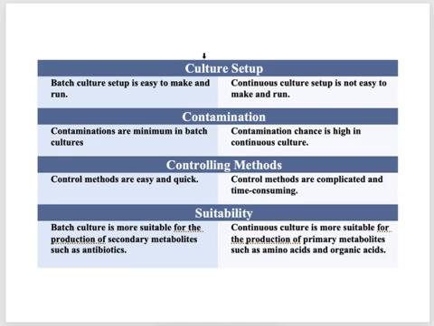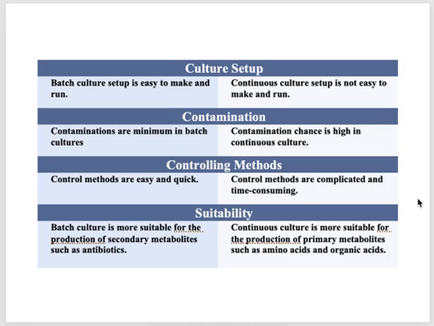But in case of continuous culture, you are continuously adding new media and continuously taking out things, so this process is more prone to contamination. Regarding controlling methods, for the batch culture they are easy and quick, but for continuous culture they are complicated and time consuming.